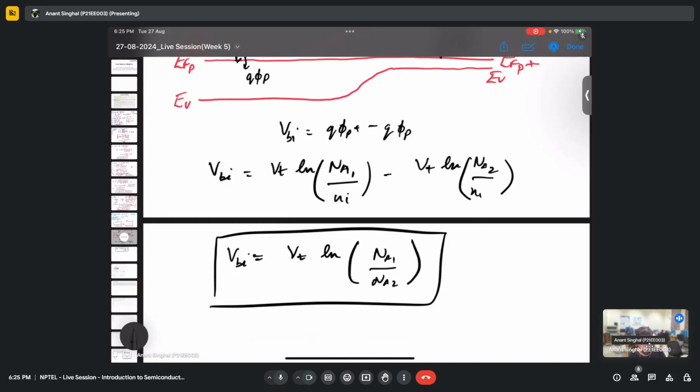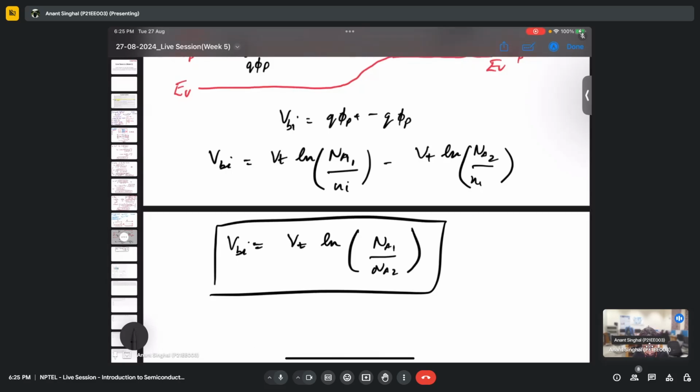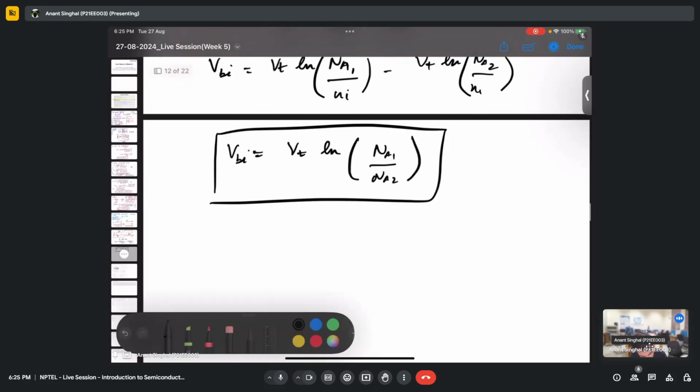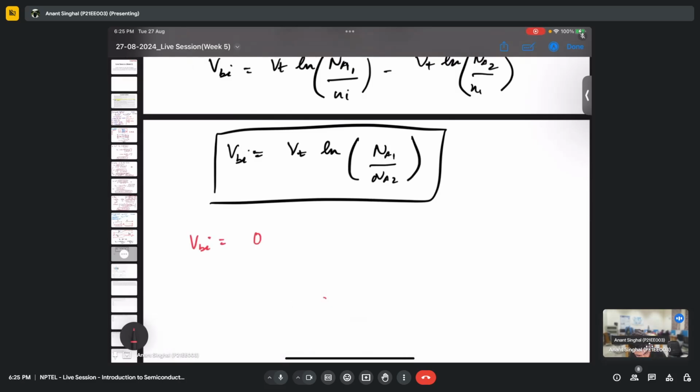We did this for the NN plus junction in the last lecture, which was Nd1 by Nd2. Similarly, we are getting Na1 by Na2 for the P type, and we already know everything. So I guess we can calculate this. So this is 0.026 ln, one was 10 raised to 17 and one was 10 raised to 15.